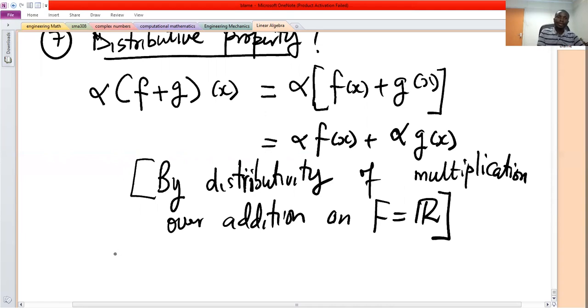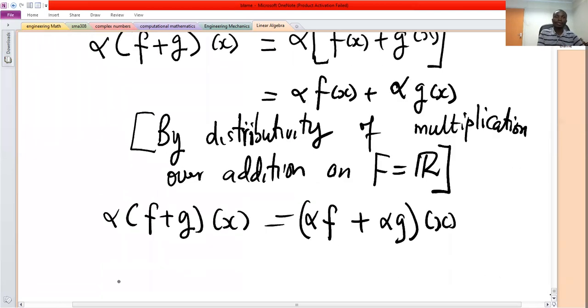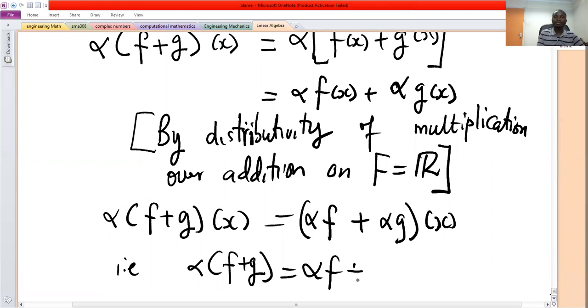So from this one, alpha f plus g of x is the same thing as saying alpha f plus alpha g, and then of x. So this means alpha into f plus g is nothing but alpha f plus alpha g.